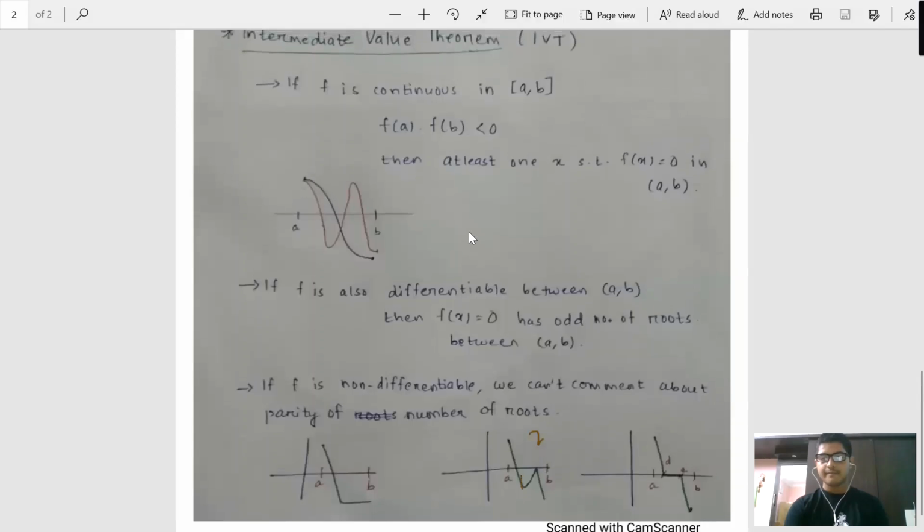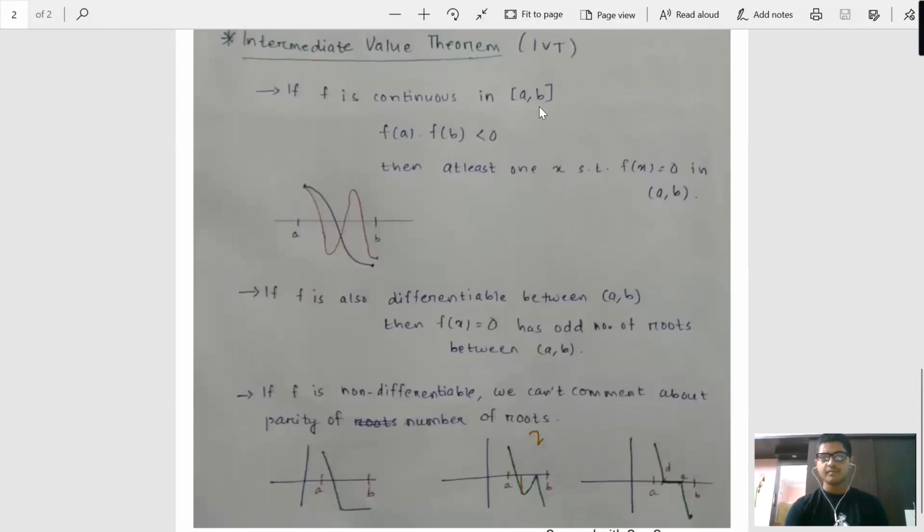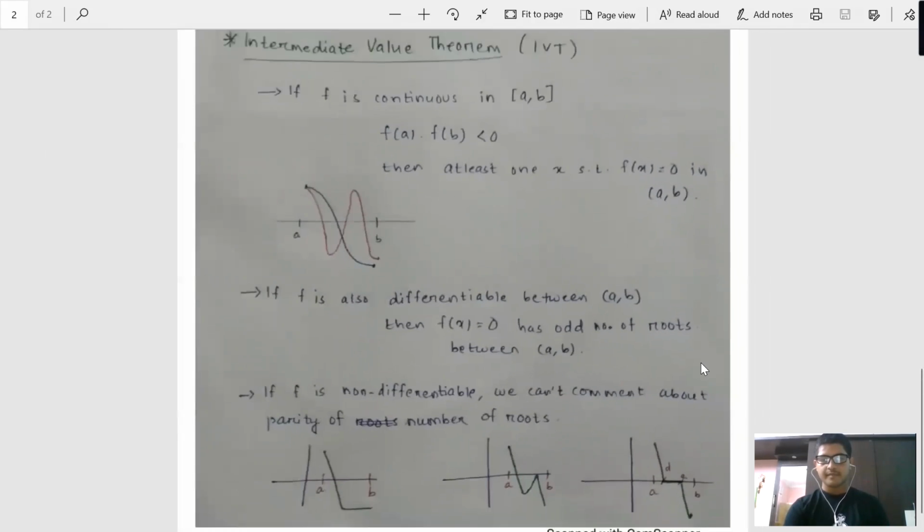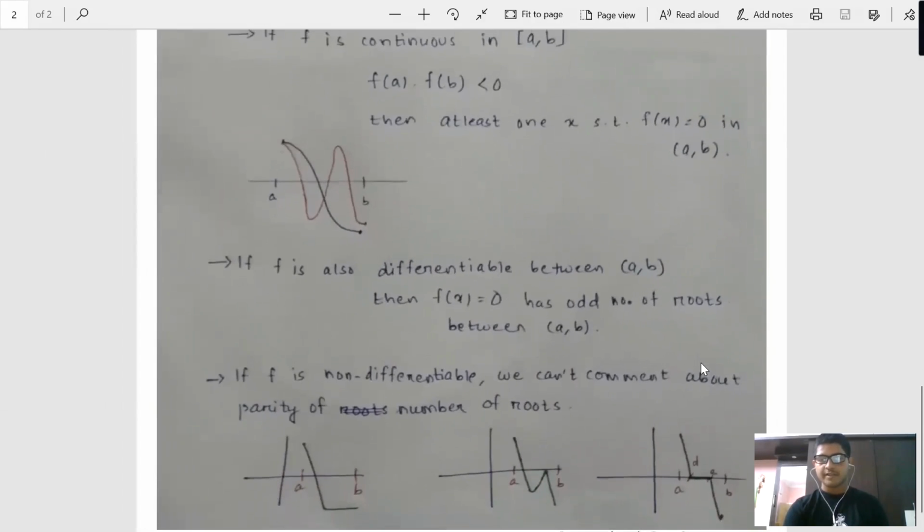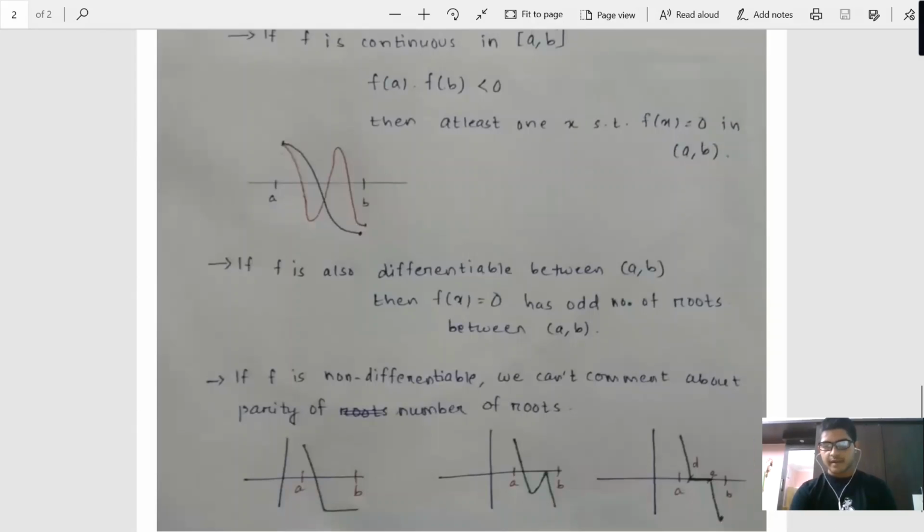Why is this so? Because in this region between D to E, there is a bit of a problem, I think, in the size, let me enlarge the size. Hopefully this is more clear now. You can see between D to E there is a flat line.